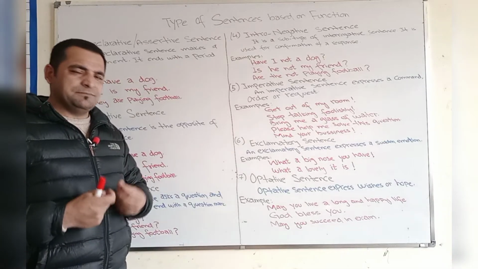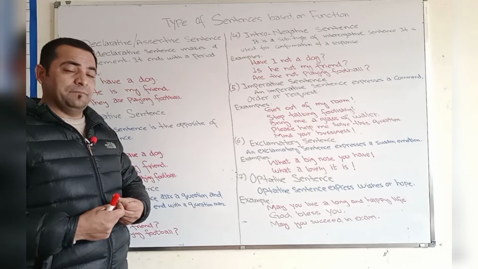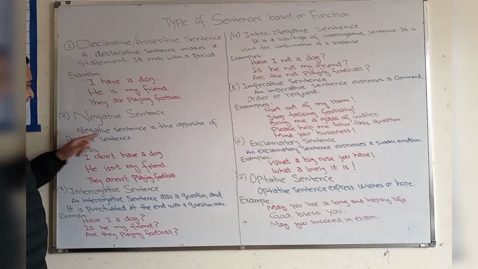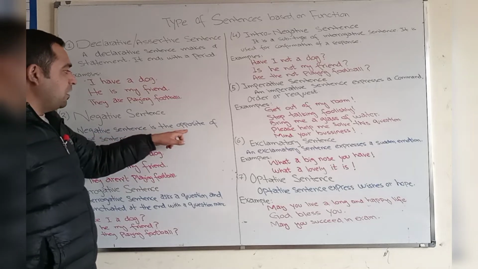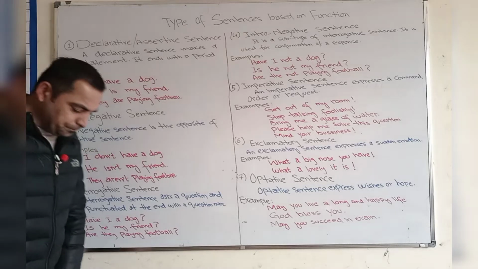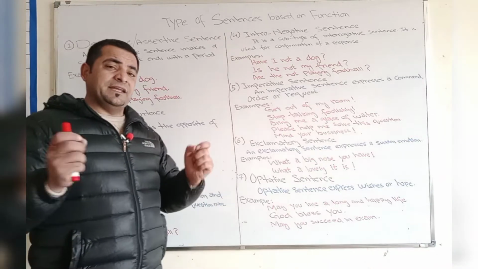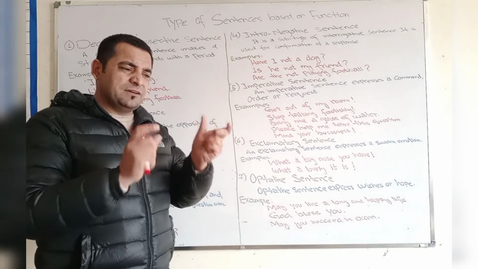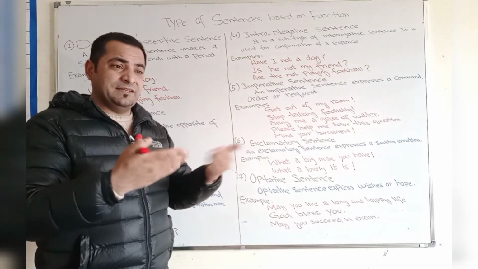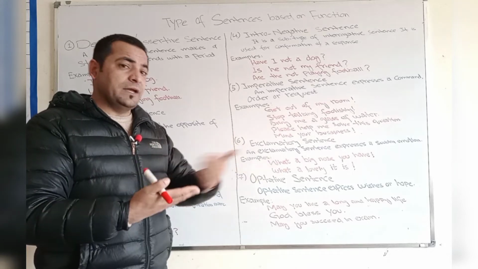The word negates means saying no to something, refusing something, right? So a negative sentence is the opposite of a positive sentence. As I suggested, in a negative sentence, you will come across some no in the sentence. There is something that is saying no, right?